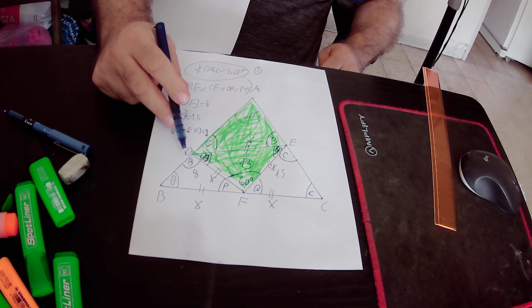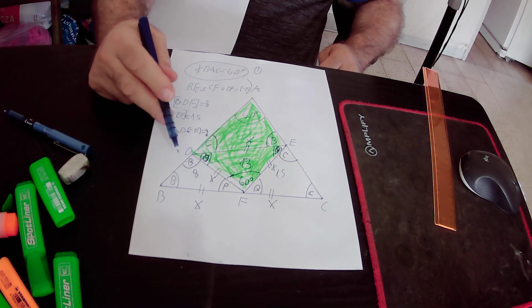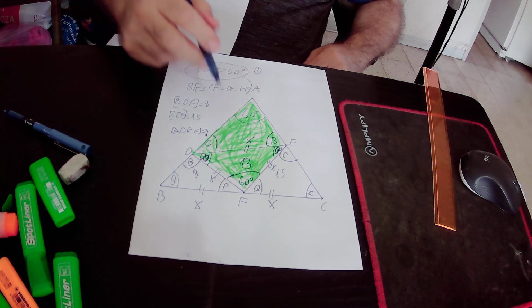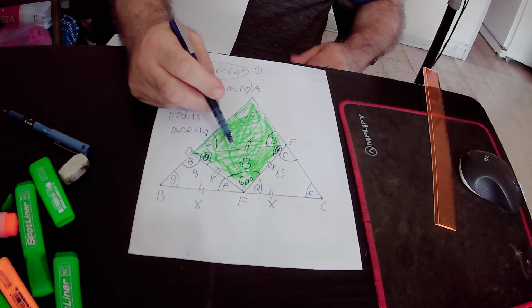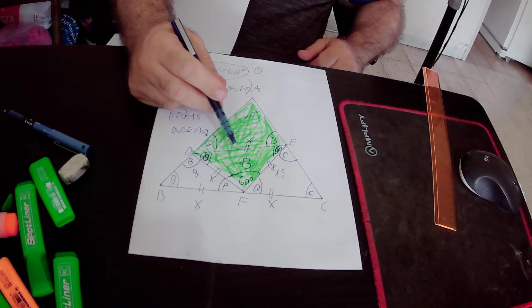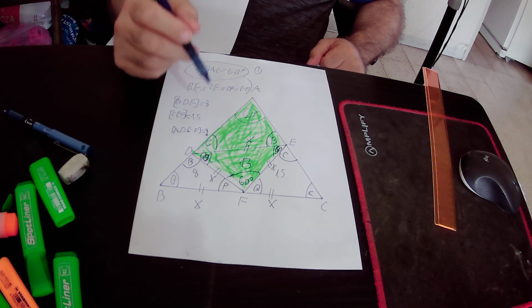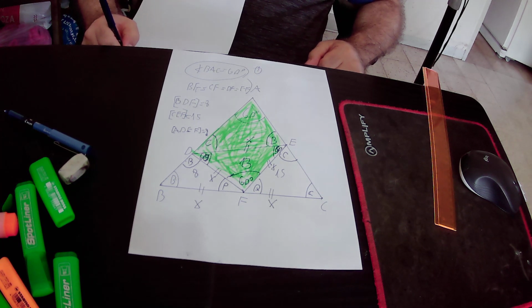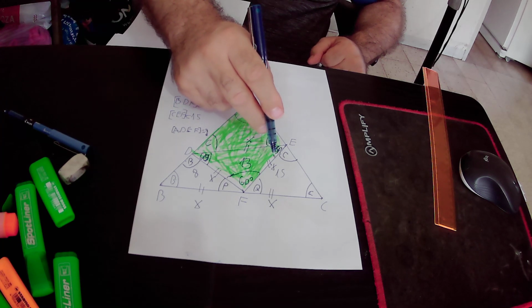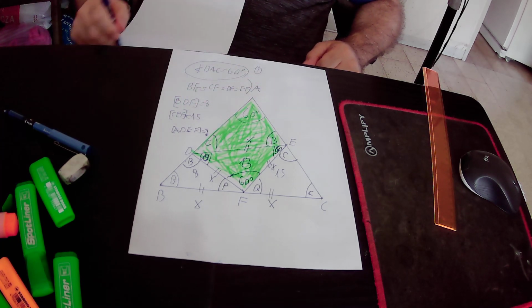It consists of triangle DBC, whose area is 8 square units, and it consists of the equilateral triangle DFE, which we have already found out has an area of 13 square units, and the quadrilateral DBEC also consists of a triangle whose area is 15 square units.